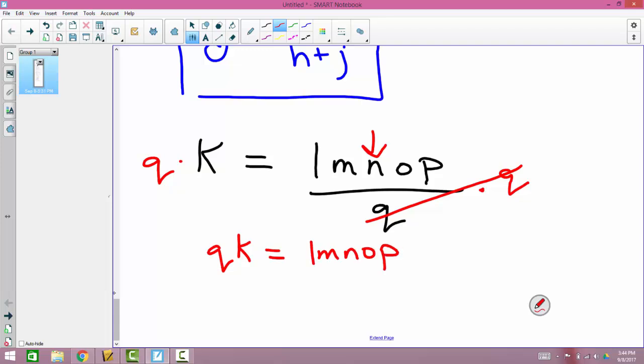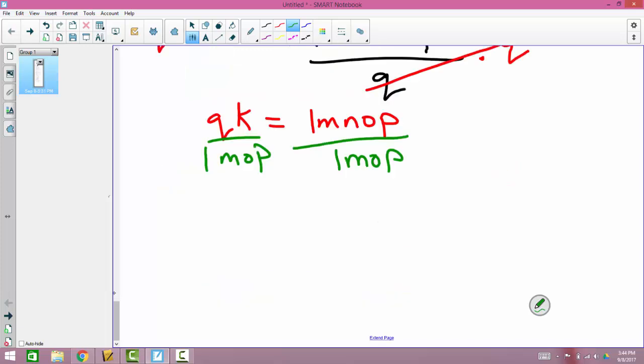And then to get the N alone, this is all multiplied together, you can divide by LMOP. So N equals QK divided by LMOP.